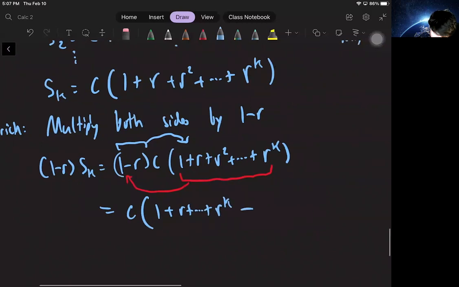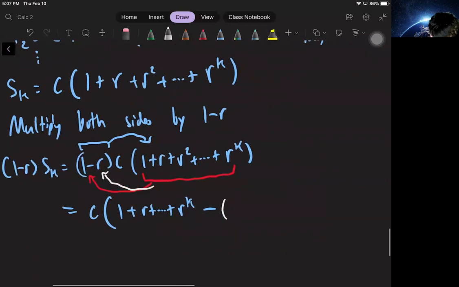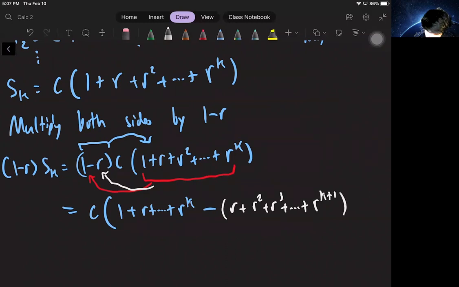And then distribute the minus r through. So minus r times 1 is r. So it's just going to add an extra power of r to each thing that's already there. So r plus r squared plus r cubed. And then the last one will now be r to the k plus 1. That one gets 1 extra power of r.